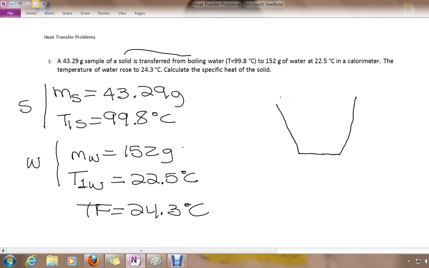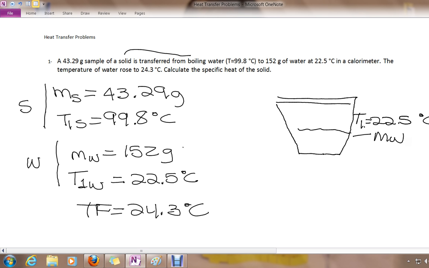So if you've got a calorimeter here, and you've got water here at 22.5 degrees Celsius, this is the initial temperature T1 of the water.